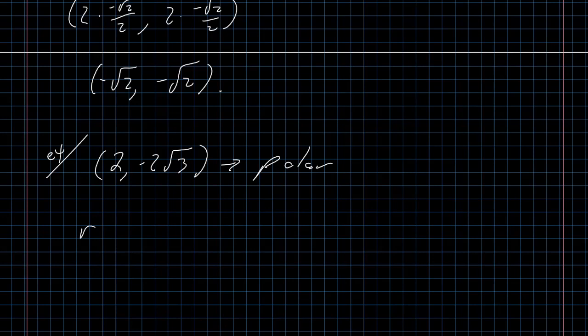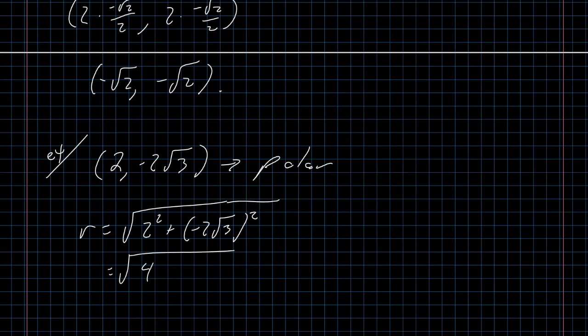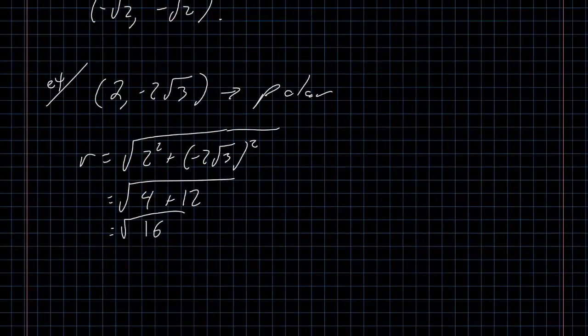Well, we can use the Pythagorean theorem. r is going to be the square root of 2 squared plus negative 2 root 3 squared. 2 squared is 4. 2 root 3 squared is 12. So I get that the radius in this case is going to be 4.